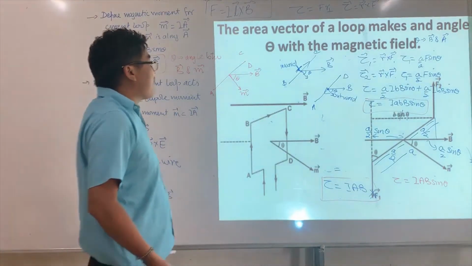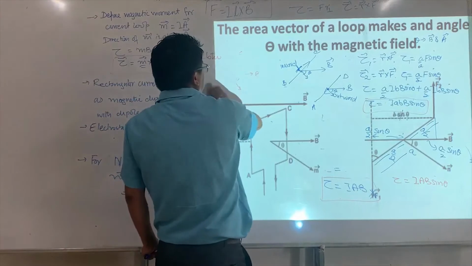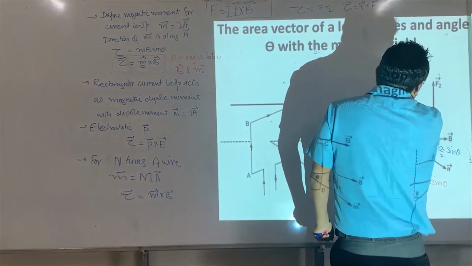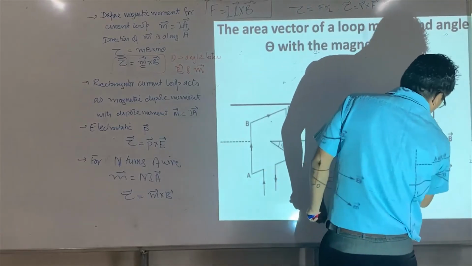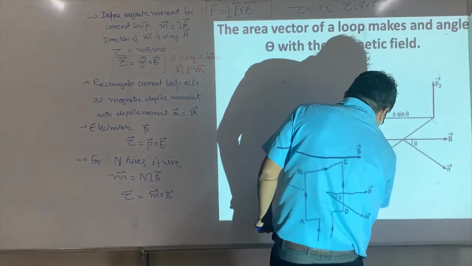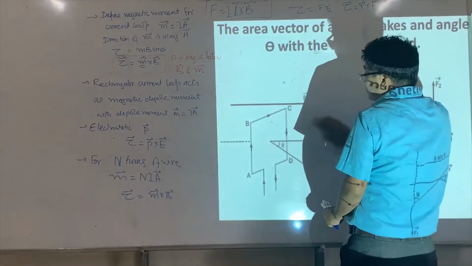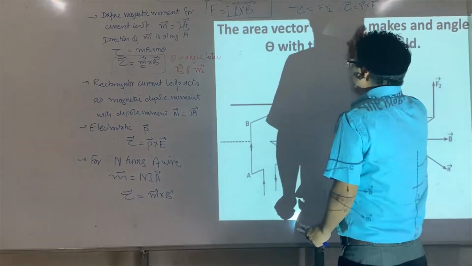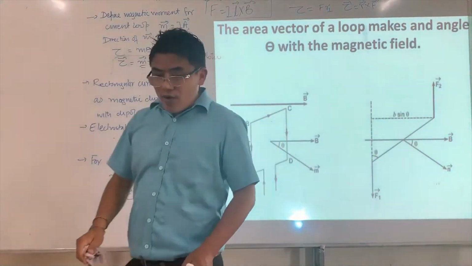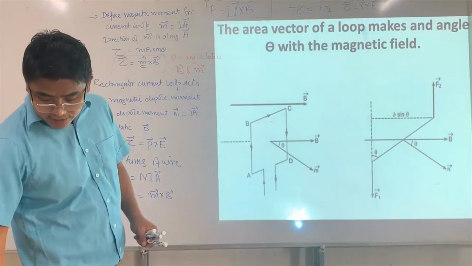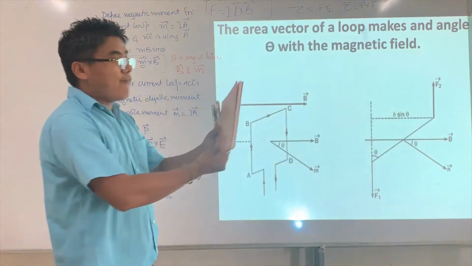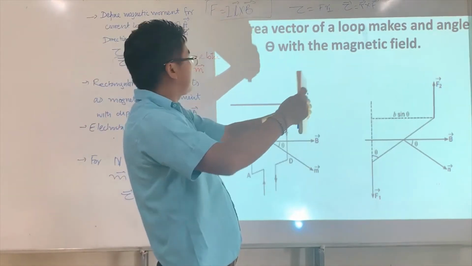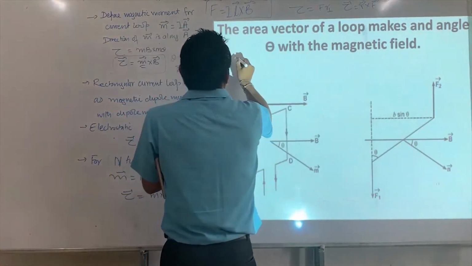So what we understood from this discussion is that the rectangular current loop acts as a magnetic dipole. Thus, when I keep this in an external uniform magnetic field, it experiences a torque. The torque is going to become zero in certain positions.